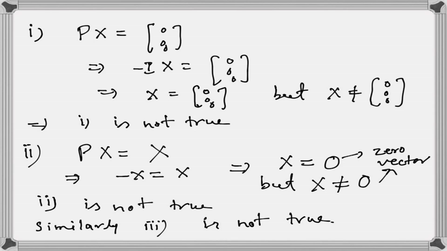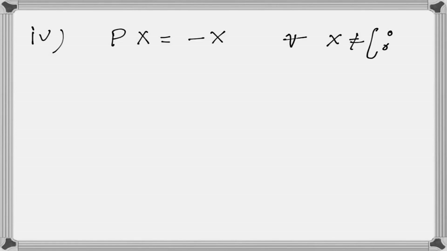Then the fourth one: Px is equal to minus x. This is true because P is minus I, so we can say that for all x not equal to 0, 0, 0, option 4 is true.